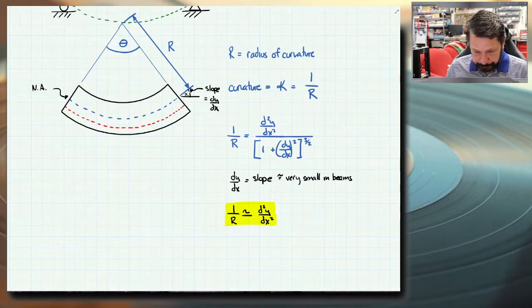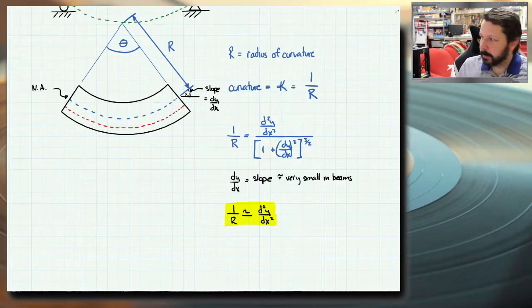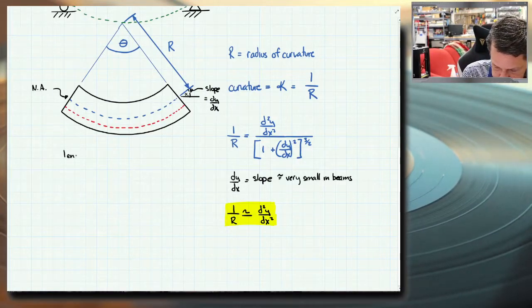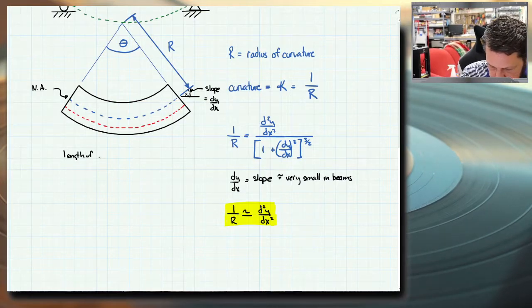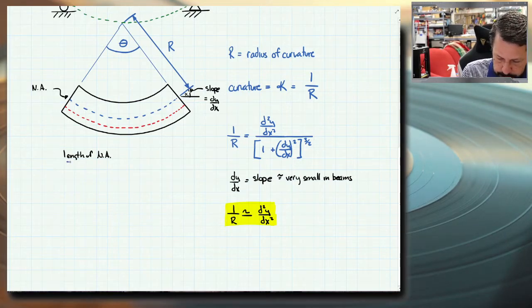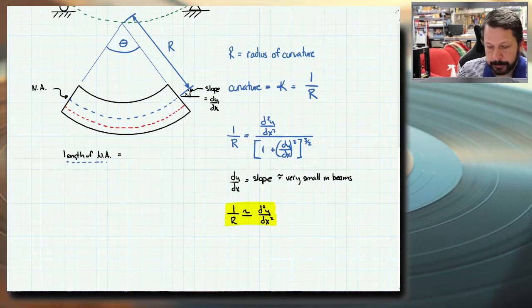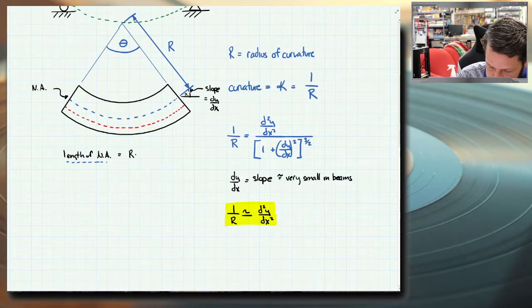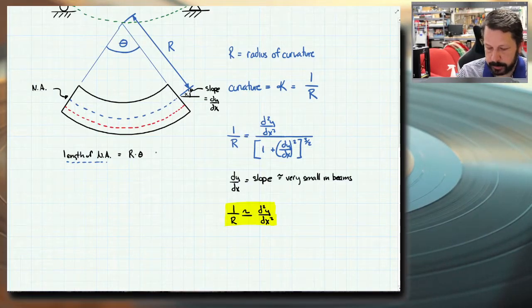All right. So now let's say that the length of the neutral axis, the dotted blue line, that one, equals r, the radius of curvature r, times theta. R theta is just an arc length.